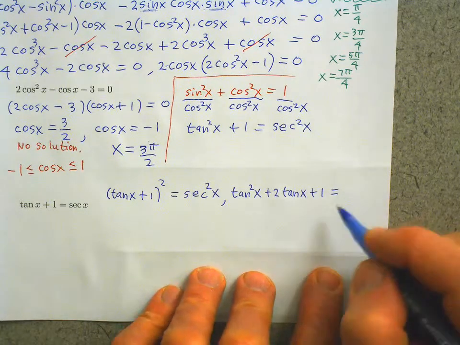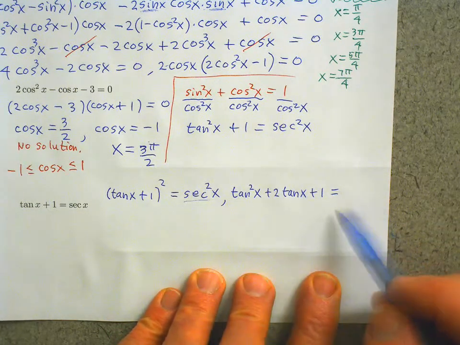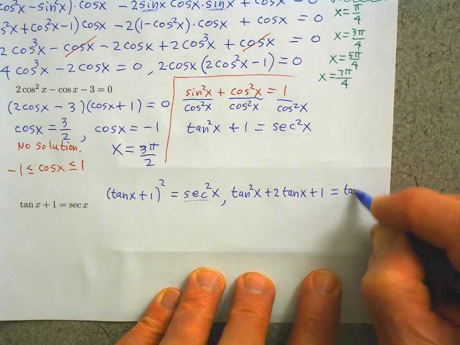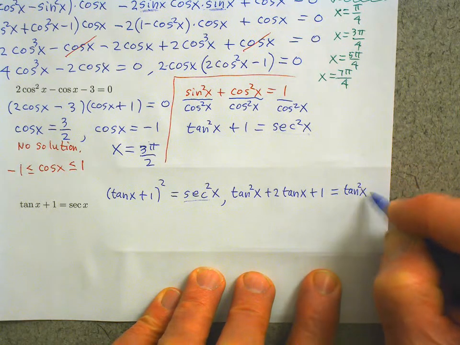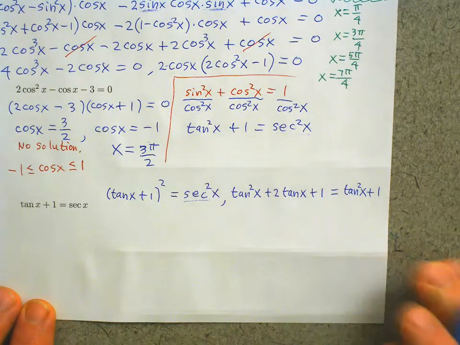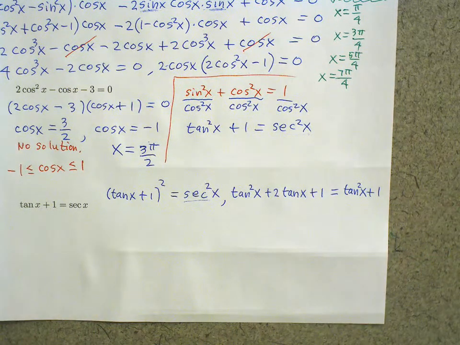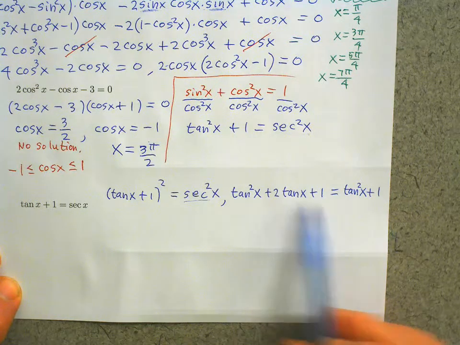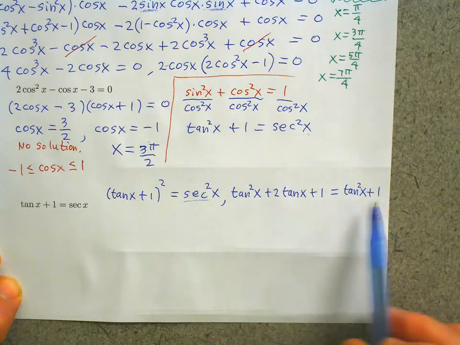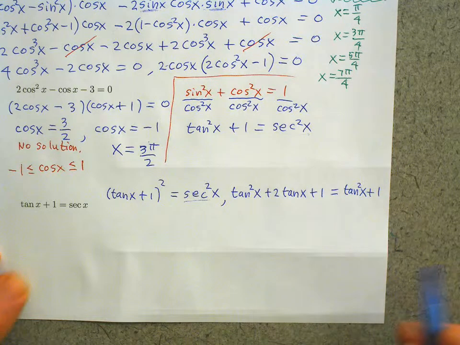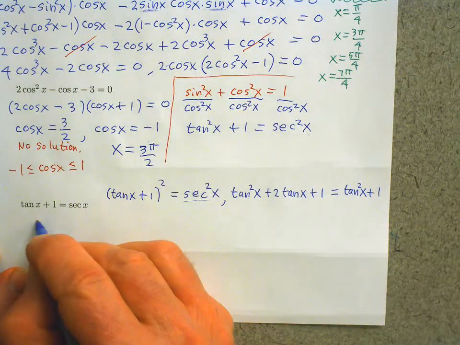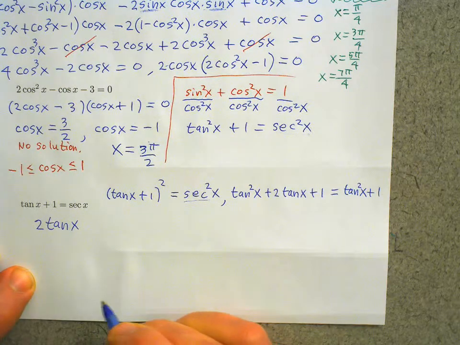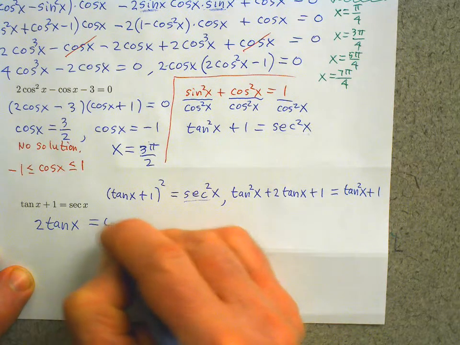So on the right-hand side, we'll just replace that with tangent of x squared plus 1. And then, if we subtract tangent of x squared from both sides and subtract 1 from both sides, we're left with 2 times tangent of x equals 0.